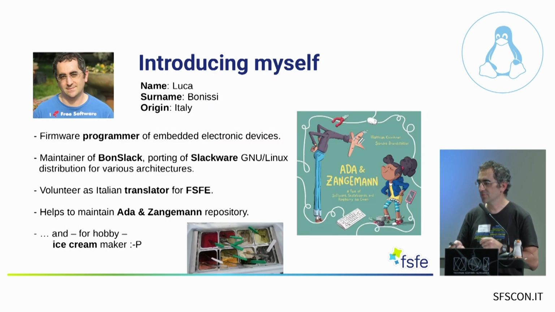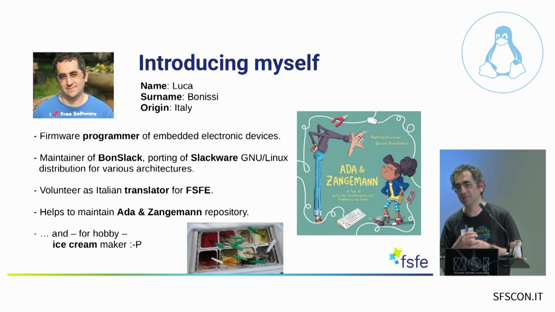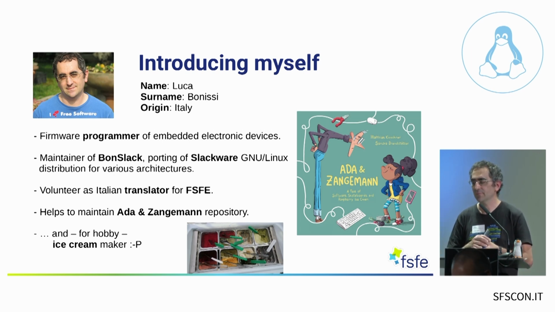I briefly introduce myself. I'm Luca Bonissi. I'm from Italy. My main job is a firmware programmer. I maintain the Slack distribution, that is a porting of Slackware for various platforms.